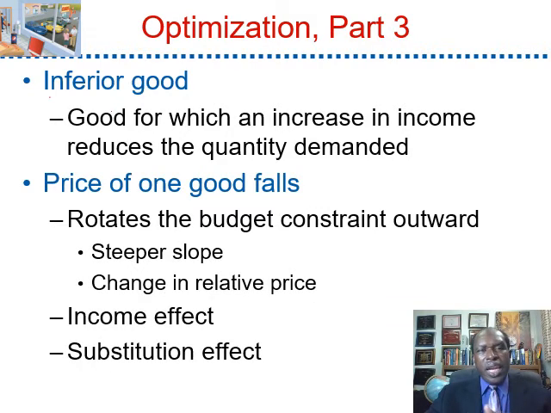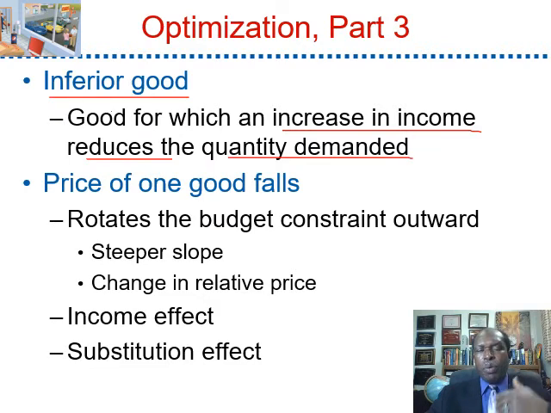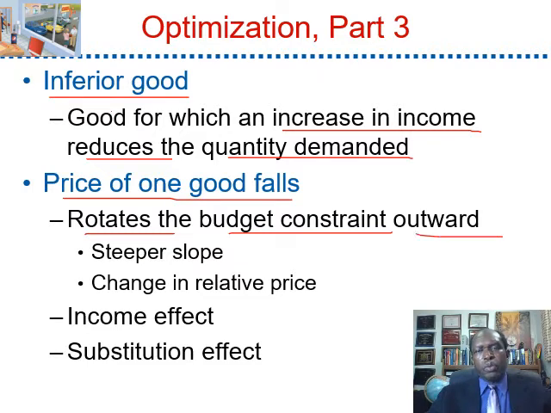On the other hand, inferior goods are goods for which an increase in income reduces the quantity demanded. Examples of inferior goods would be a used car or public transportation. When you make more money, you are less likely to use public transportation and less likely to buy a used car.